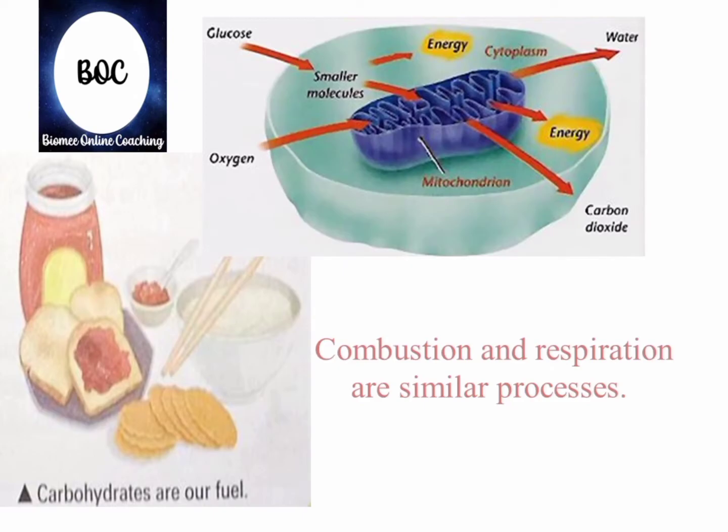The carbohydrate reacts with oxygen inside the cells of the body. In which organelle of the cell? Yes, mitochondria. This is called the respiration process. Combustion and respiration are similar processes because both need oxygen to start.